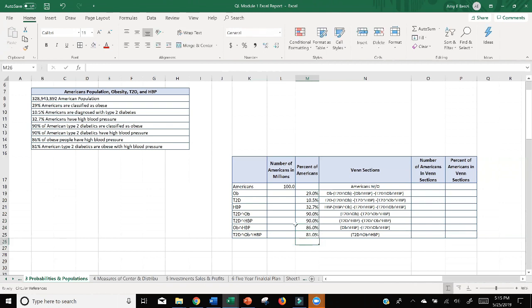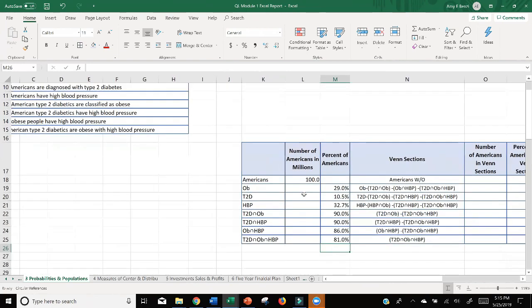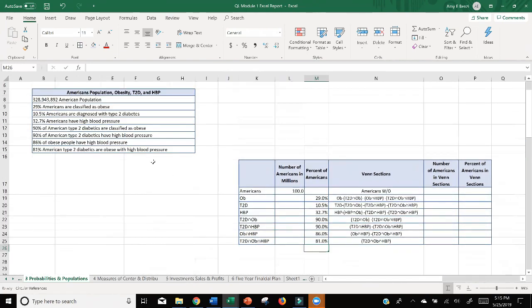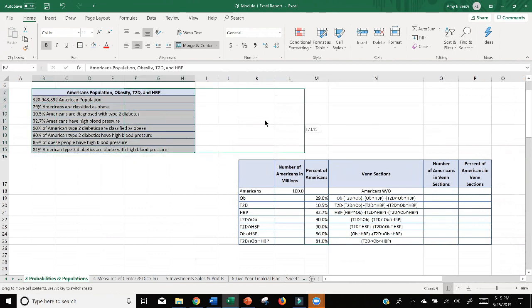Now let's see what we need to calculate here. I have that 29% of Americans are classified as obese. So in this cell, number of Americans, well, it's 29. See how big I can make this and still see this other chart over here. Or actually what I can do, I'm going to actually move this chart. I don't know. You think that's going to look okay?